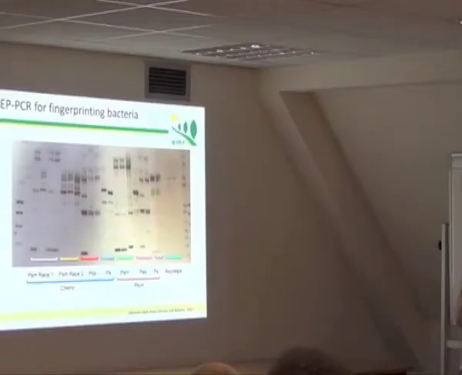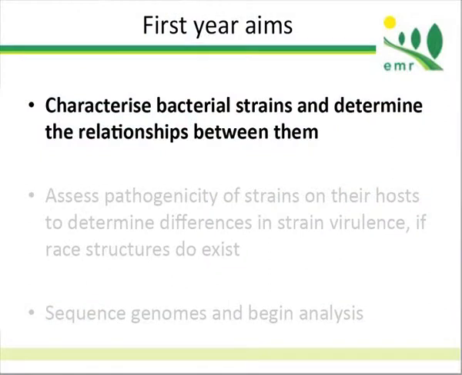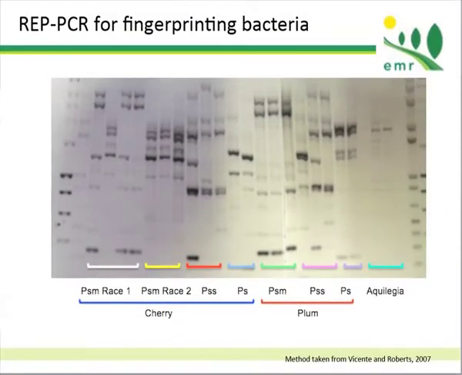So I started by characterising all the strains that I received, and I did this by using a PCR method called REP-PCR, which uses primers based on repetitive extragenic repeats within the genome. And this produces characteristic banding patterns on the gel, which enables you to identify different races and pathovars accurately.